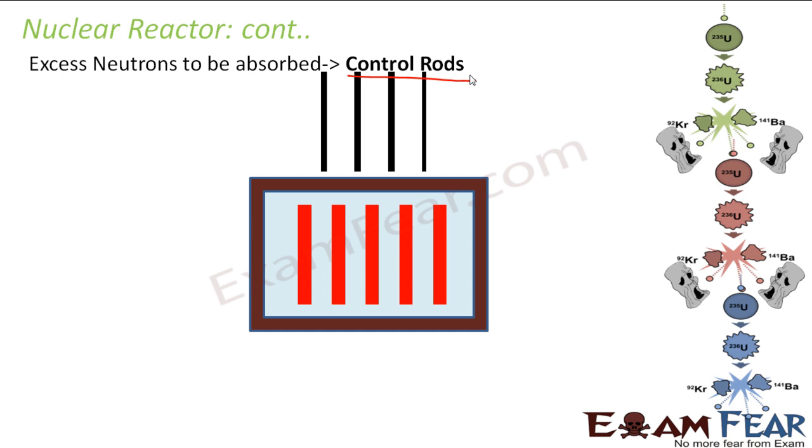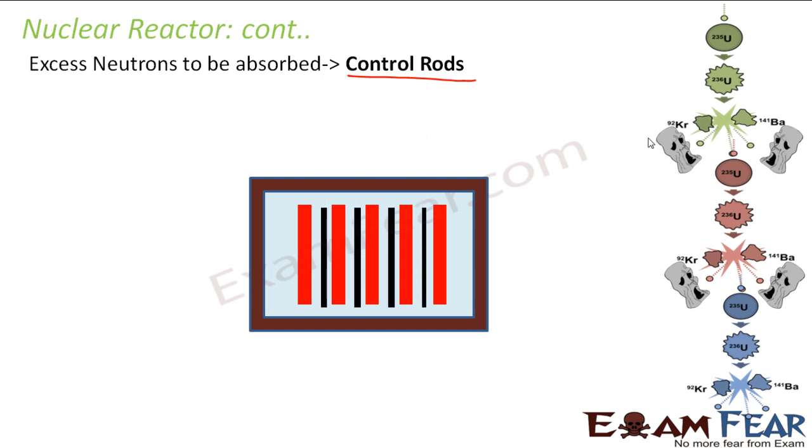So what are these control rods? These are basically rods which are inserted in the core of the nuclear reactor to absorb the excess neutrons. Here also, the devices which are shown here are performing the function of the control rods. When you insert these control rods, they will absorb all the excess neutrons which are present.